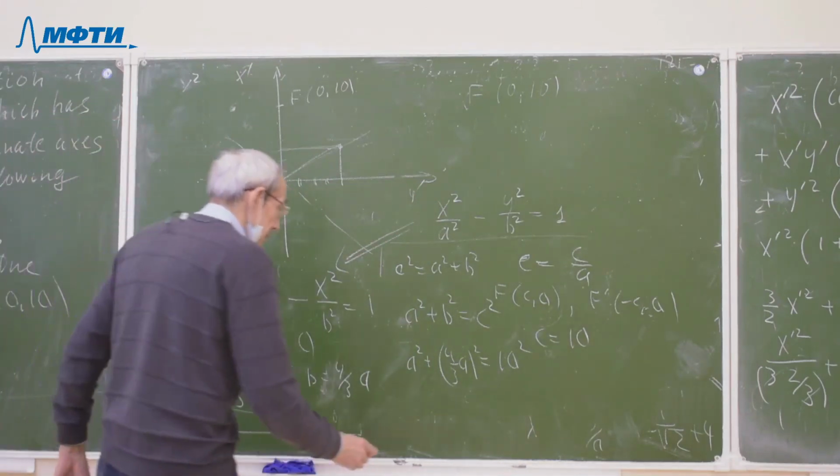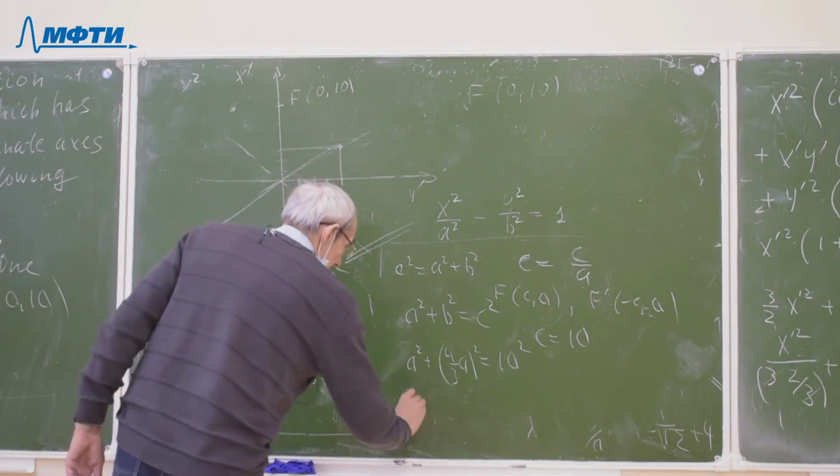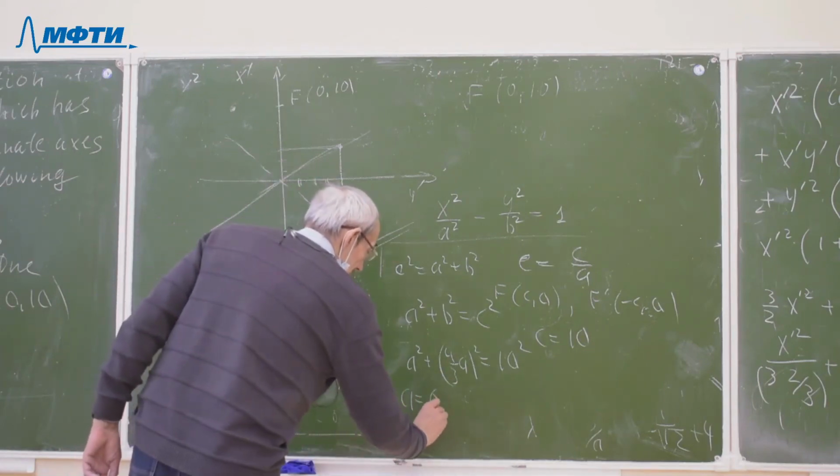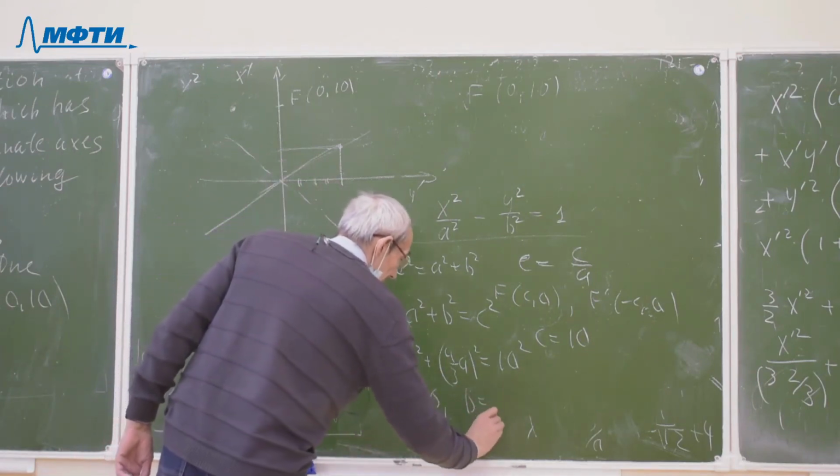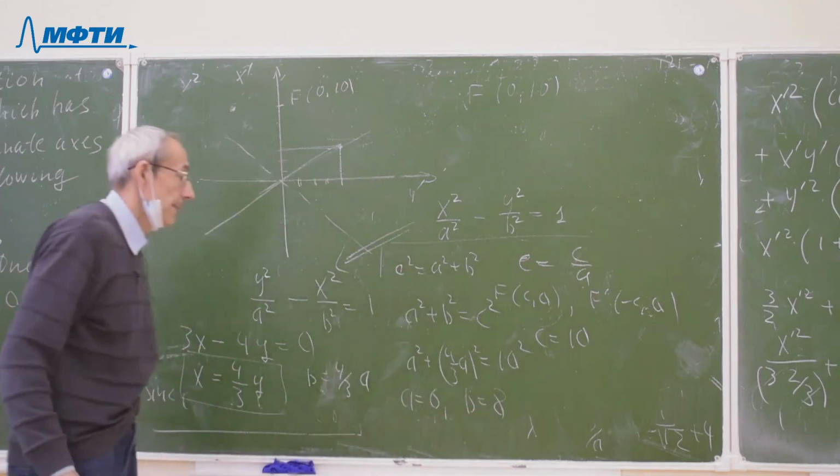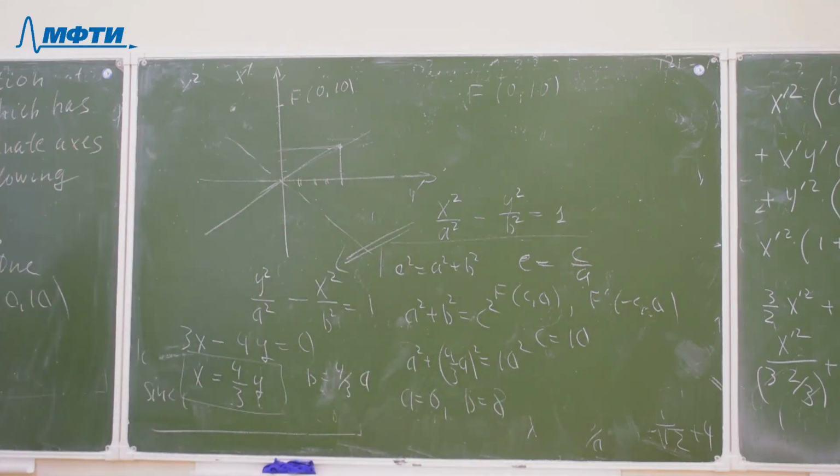Easy to see that a is equal to 6, b is equal to 8. Do you understand that?